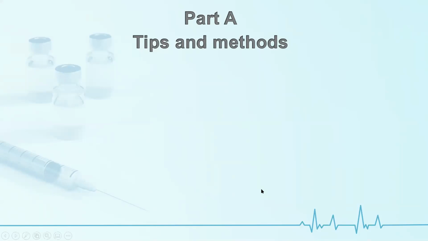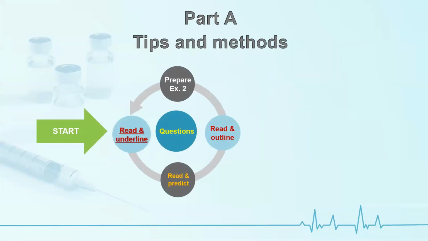Regarding part A, tips and methods, or how to deal with these questions in part A. At the start, you have to read and underline the main items and indicators, like important words and keywords or important information.